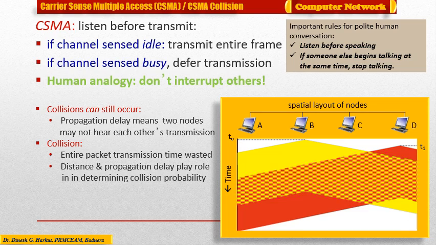At time t0, node B senses that the channel is idle, and no other nodes are currently transmitting. At this point, time t0, node B has sensed that the channel is idle and no other node is using the channel.